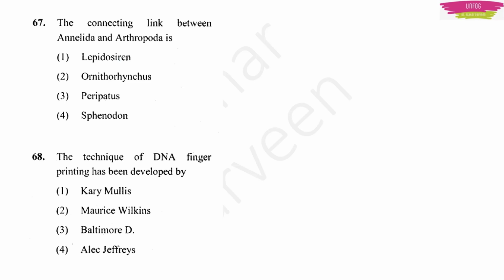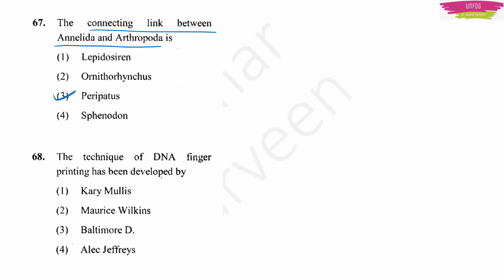Next question. The connecting link between Annelida and Arthropoda is option 1 Lepidosiren, option 2 Ornithorhynchus, option 3 Peripatus, and option 4 Sphenodon. So option 3, Peripatus, is the connecting link between the Annelida and Arthropoda.